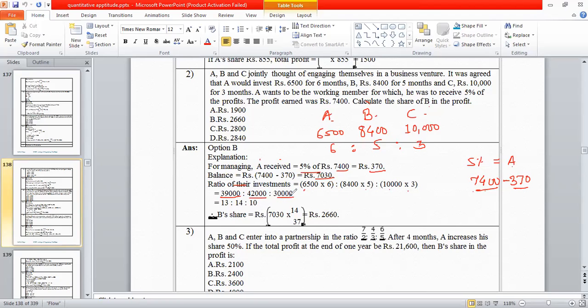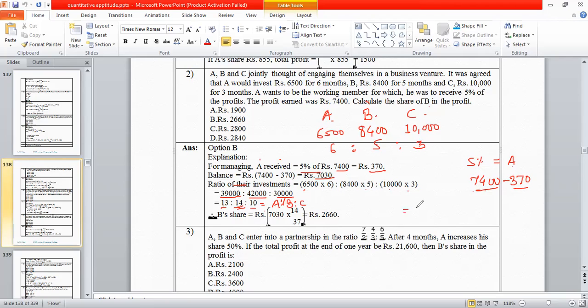By dividing with the same number, we get the ratio in short, 13:14:10. Now A:B:C, what will be B's ratio? That is 14. So 14 out of 13 plus 14 plus 10.